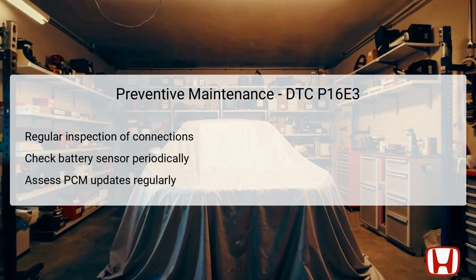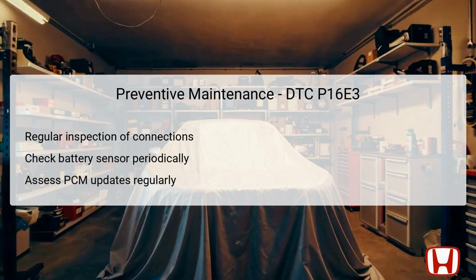Preventive maintenance plays a crucial role in ensuring the longevity of the Honda CR-V's electrical systems, particularly concerning the battery sensor and its connections. Regular inspections of the battery sensor and its terminals can help catch issues related to loose or corroded connections before they escalate into significant problems.